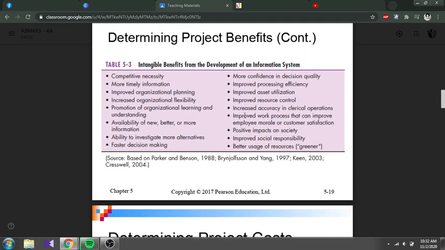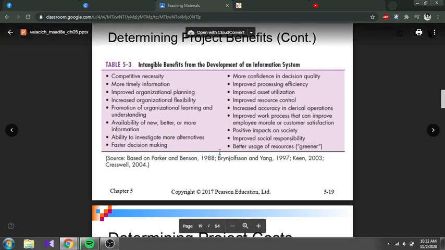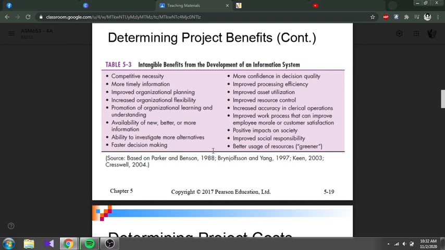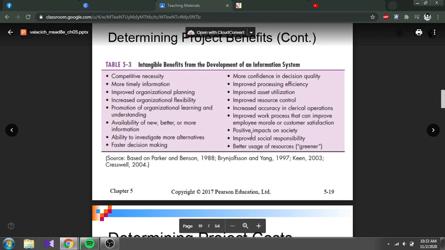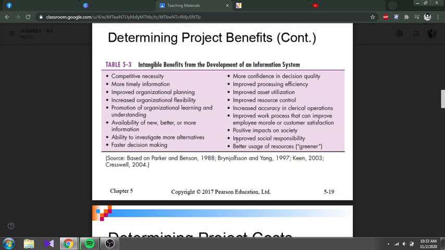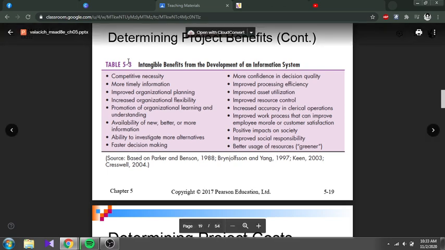What are the intangible benefits that can be derived from the information system? So maybe you want to make a research title or research idea. You can look at how to improve resource control in the organization, or how the information system can improve faster decision making among employees, amongst workers in the organization.